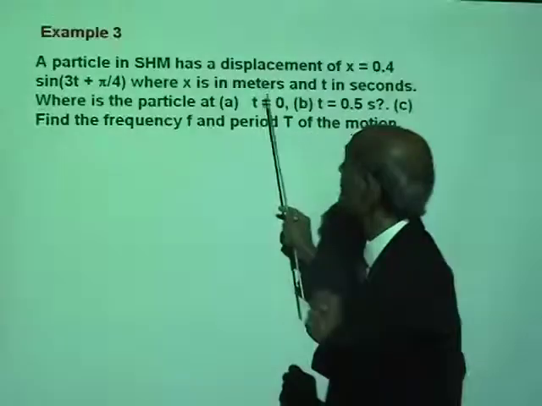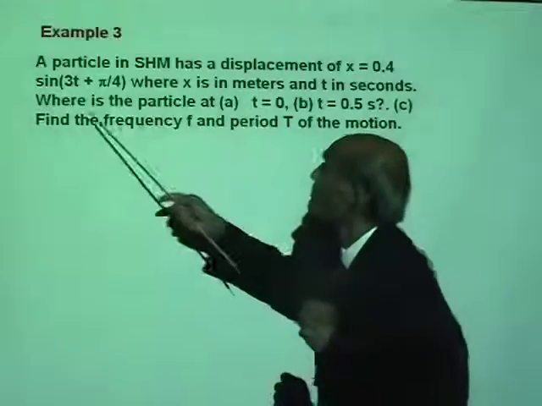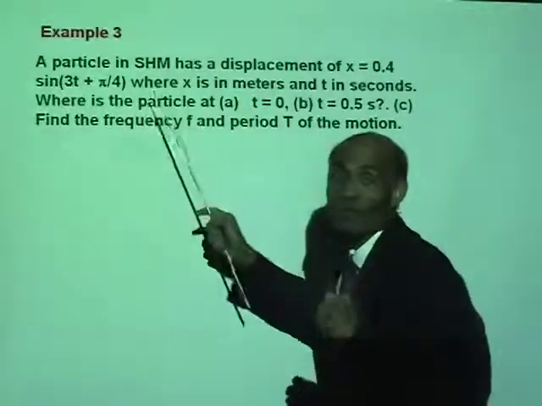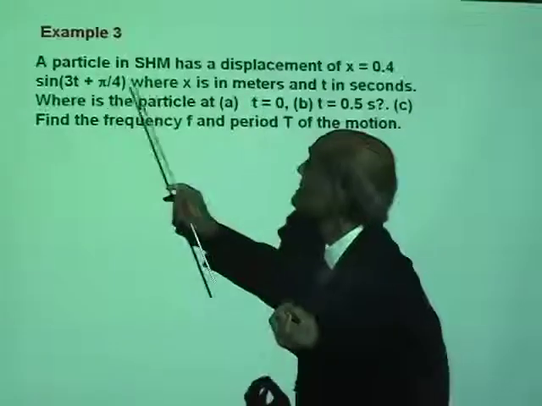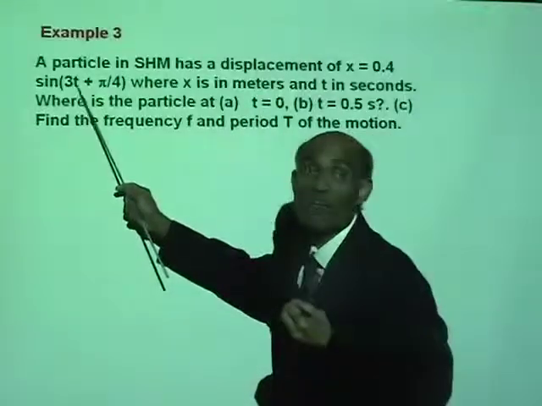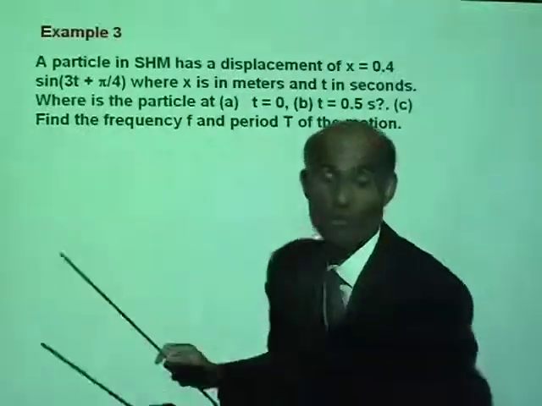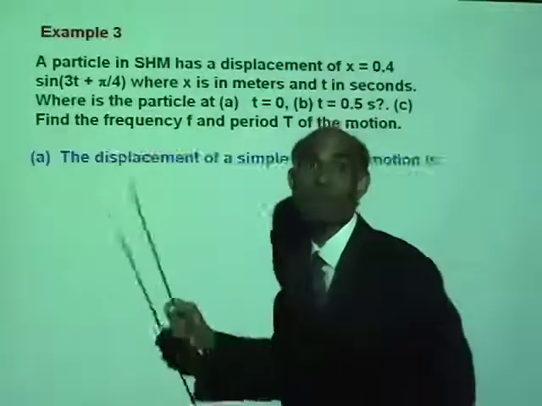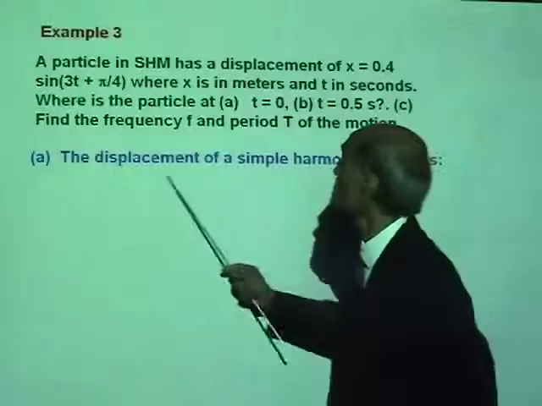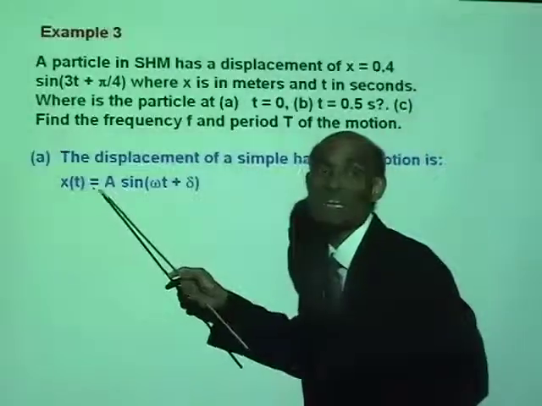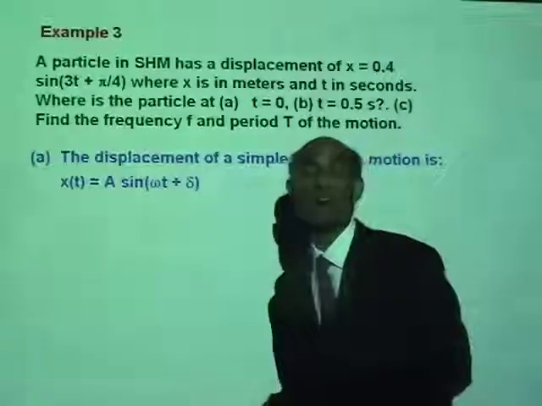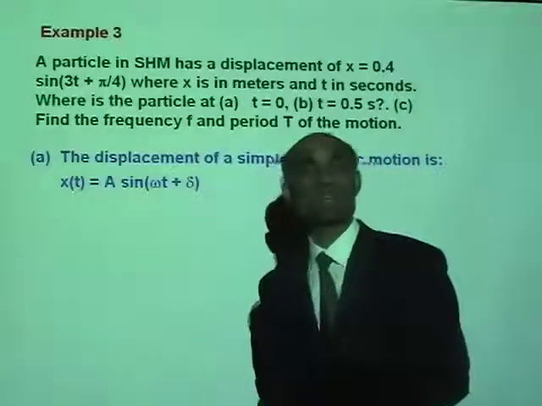So, if you want to find where the particle is, what is its position, all you need to do is set t equal to 0 in the equation and solve for x. Let's pick out the data here. The displacement of a simple harmonic motion is x of t equal to A sine (omega t plus delta).